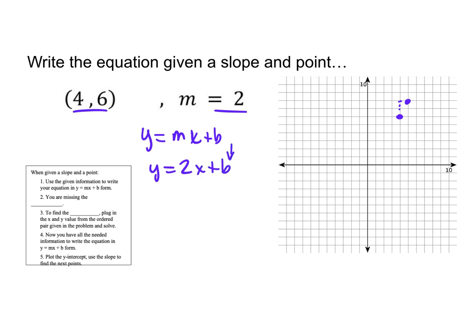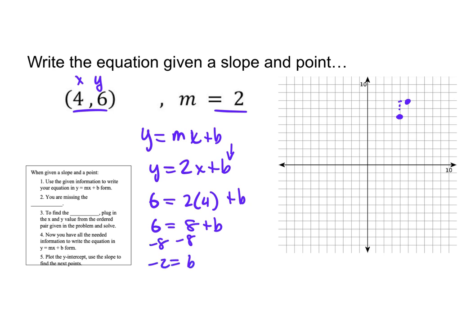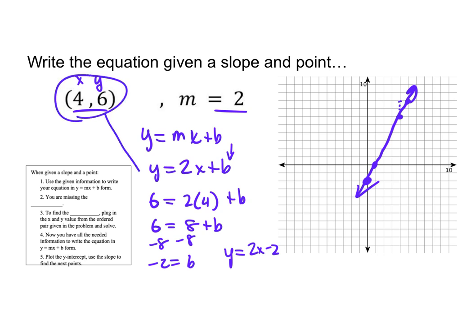Well, I can put 4 in for x and 6 in for y, and I can figure out what b is because that's the last remaining thing. So -2 is going to be b. That means my full equation is going to be y equals 2x minus 2. So I cross here. There's my equation. All I did was substitute in for y and for x.